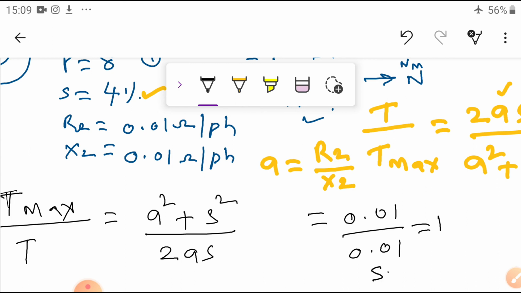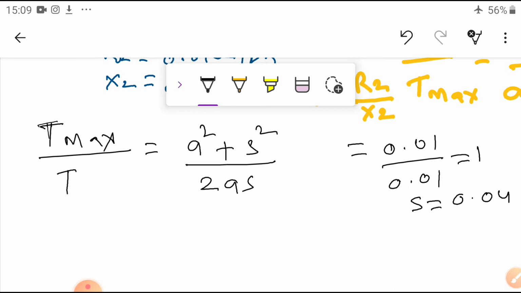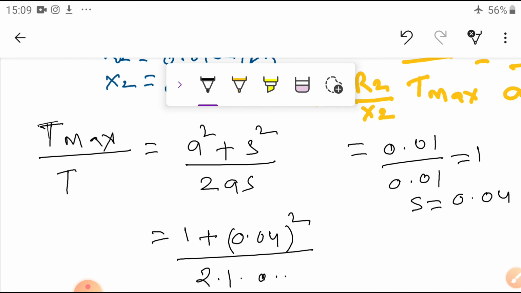S is equal to 0.04. Simply substitute these values. Now, what value are you going to get? 1 square plus 0.04 whole square, divided by 2 into 1 into 0.04.